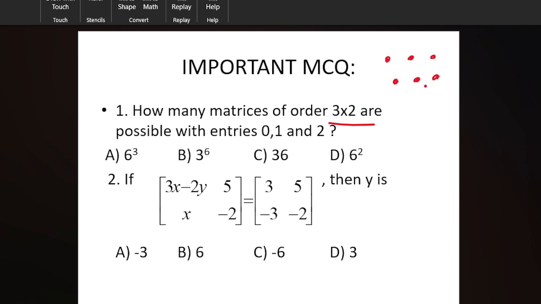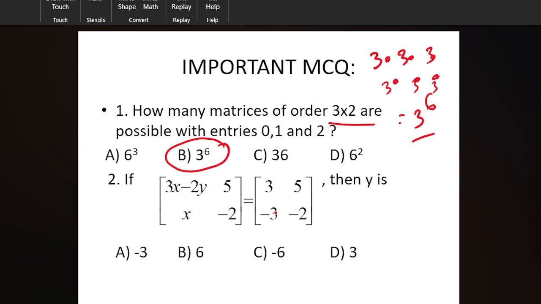We are having options 0, 1 and 2. So first place we are having 3 options, second place 3 options, third place 3 options. Like this, 6 places we are having 3, 3, 3. That means the permutation idea we can use. So it will be 3 power 6. So your answer will be 3 power 6, because it is a permutation we are applying.